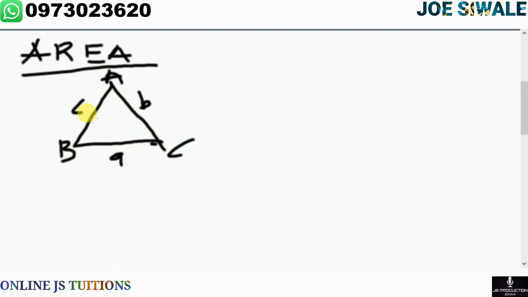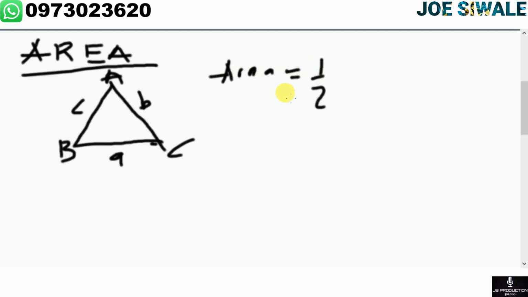The formula that we use when calculating area, for example, if you have been given the angle at point A, is: area is equal to half multiplied by the small letter b and the small letter c. So this will be half bc sine A, the angle that you have been given in the question. This is the formula that you use when you have been given the angle at A.